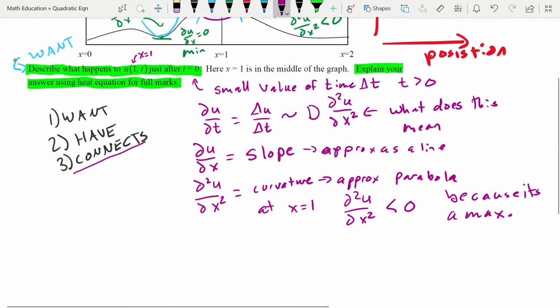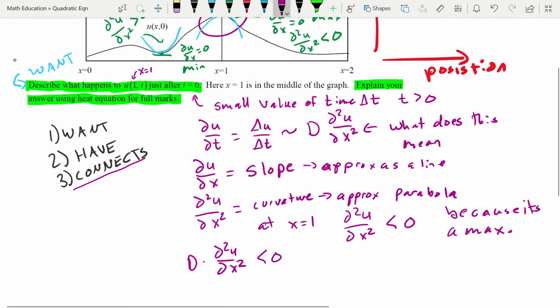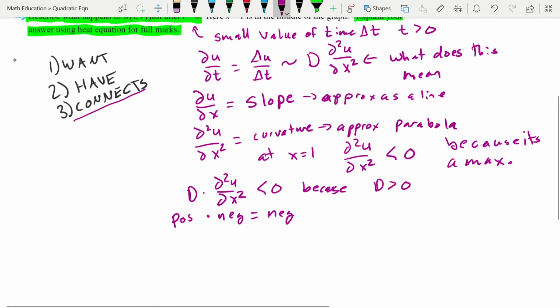Because that's less than 0, that means that d times partial of u partial of x squared is also less than 0, because d is greater than 0. So we've got a positive times a negative gives us a negative. Therefore, delta u delta t, or partial of u partial of t, is also less than 0.